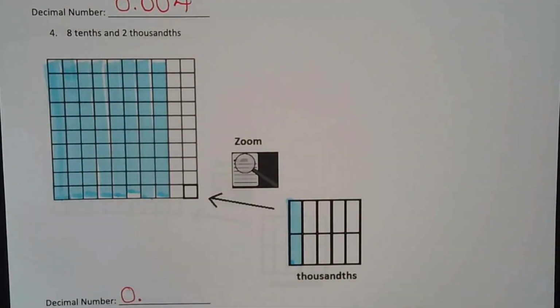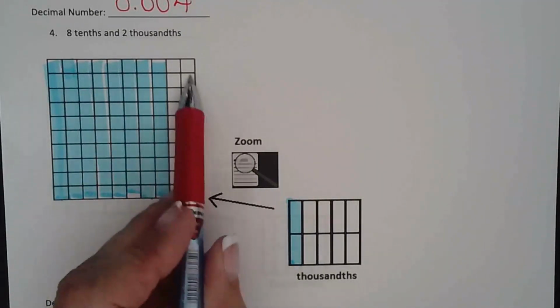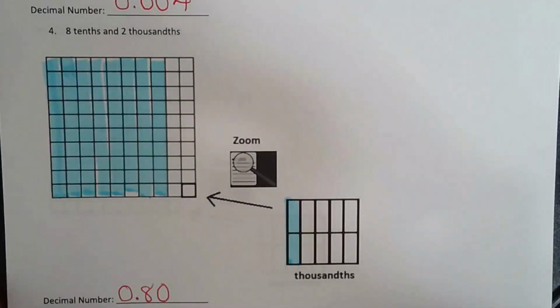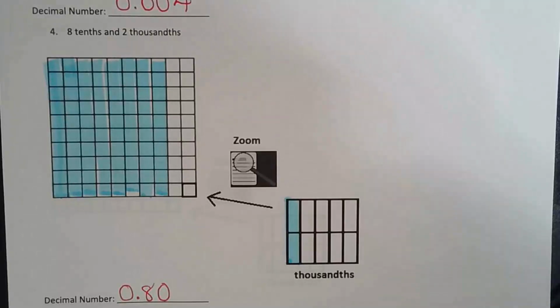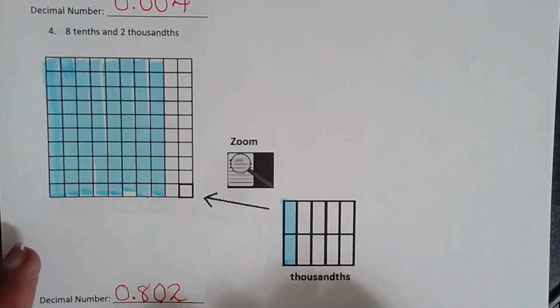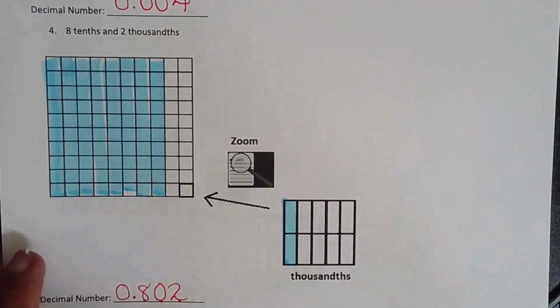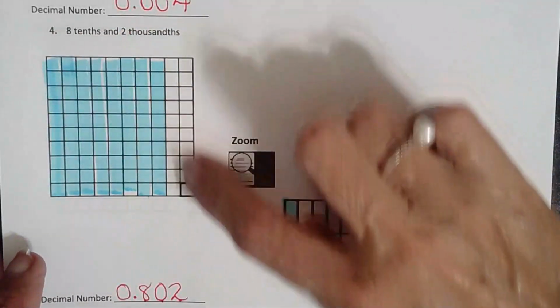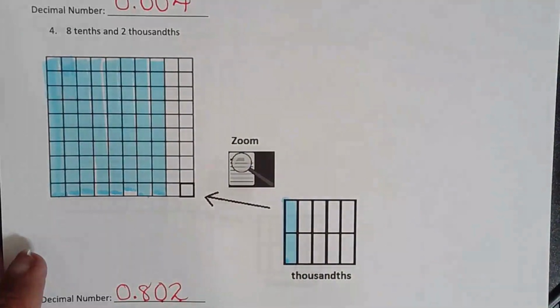And I say, how many strips are there? 8. How many separate little boxes are there? 0. No hundredths. See how the word hundredths is not up there? How many thousandths are there? 2. So 8 strips, 0 boxes outside the strips, and 2 thousandths. And that's what made me change my mind about, instead of writing 3 to write 7, because I knew they were coming in this direction. So 8 strips, 0 squares, 2 thousandths.